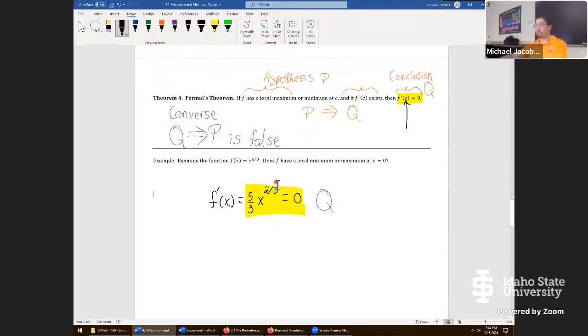That's a pretty fast equation to solve, though. You could multiply both sides by 3/5, and you get x to the 2/3 equals 0. But even that was not a necessary step. The only way this equation is true for real numbers is if x itself is 0. So there we have it. x equals 0 is the c in Fermat's theorem.